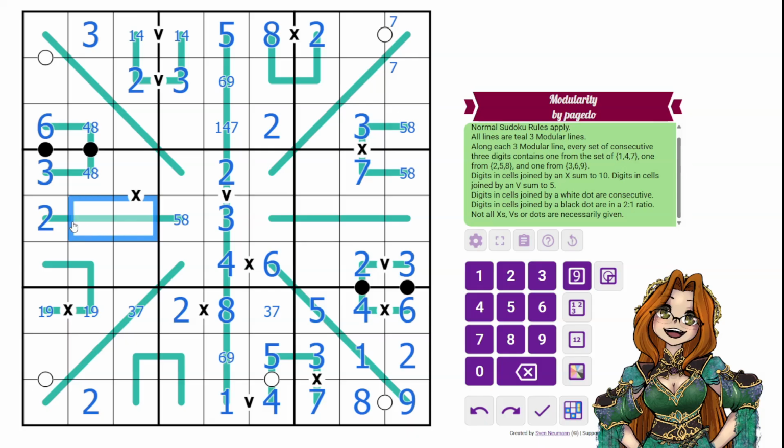So somewhere in here is something from the 369 tree. It means these 2 cannot both be from the 369 tree, and they also can't both be from 258 because we already have 2 258s around here, which means these are from 147.